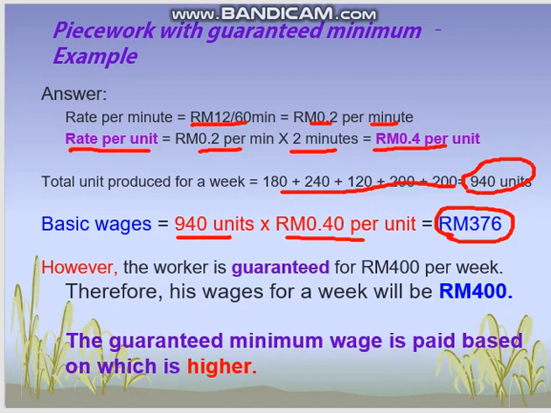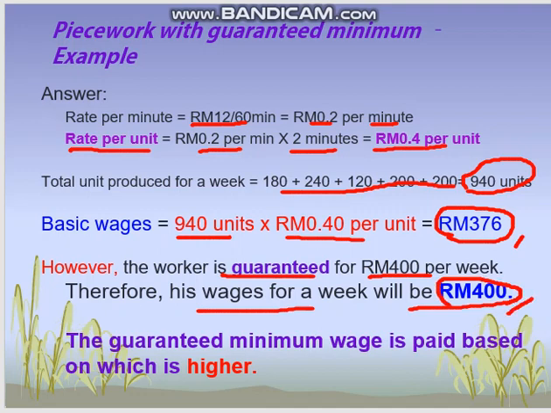So we got 376. Our worker is supposed to be paid 376. However, this person is guaranteed 400 for the week. So his or her wages will be 400. Why 400? This is the amount that we are guaranteed to pay.